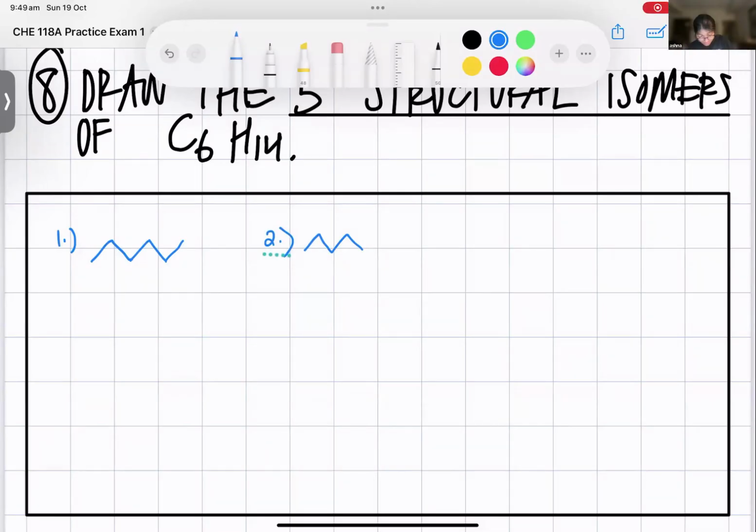And then I'll just move a little methyl group here. Nice.